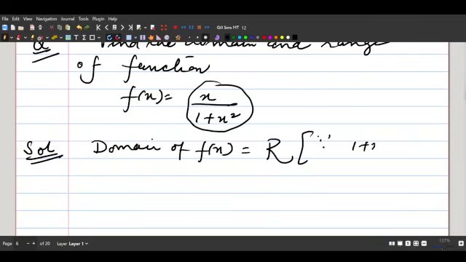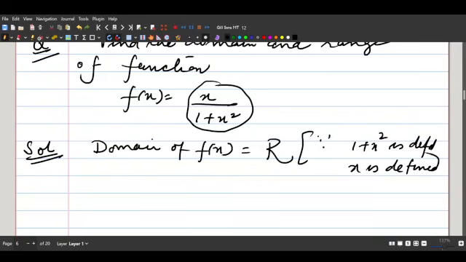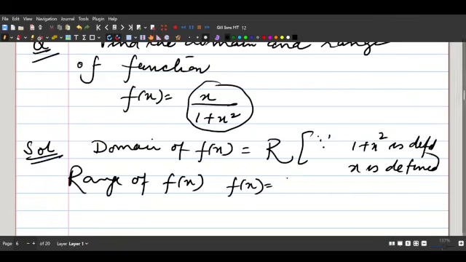We have to check both the denominator and the numerator, and both are defined. 1 plus x square is defined, x is defined. So ultimately, the whole expression would be defined for all real values. So the domain is R.